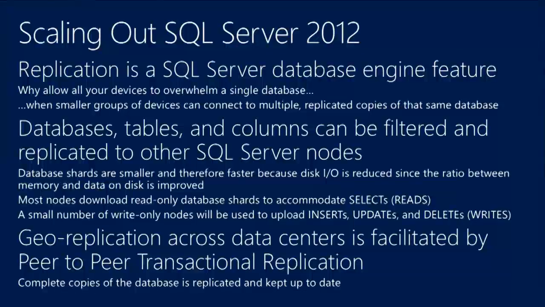But then I know you're like, okay, great, Rob, we've built the most scalable database architecture in our data center, but I need to have failover. Well, I'm going to do you one better because we have lots of great failover tools built into SQL Server like Always On and things like that and clustering. But if you want to do geo-replication, things like you think of when you're thinking of Azure and stuff like that, you can use the peer-to-peer transactional replication built into SQL Server to do exactly that.